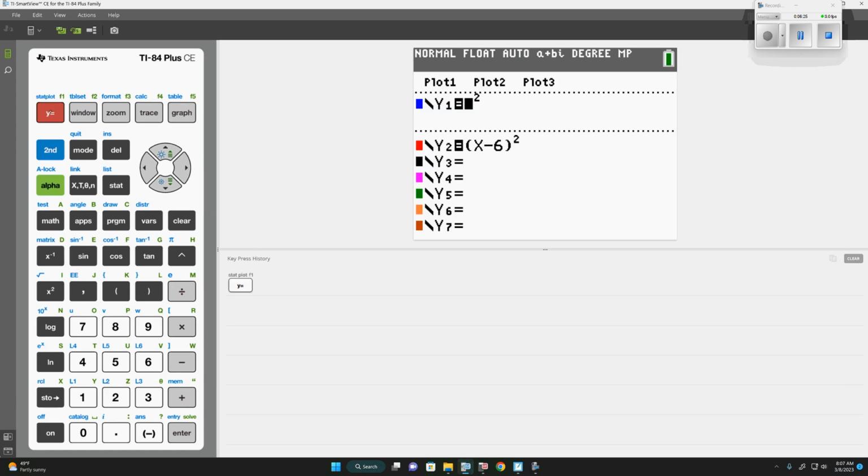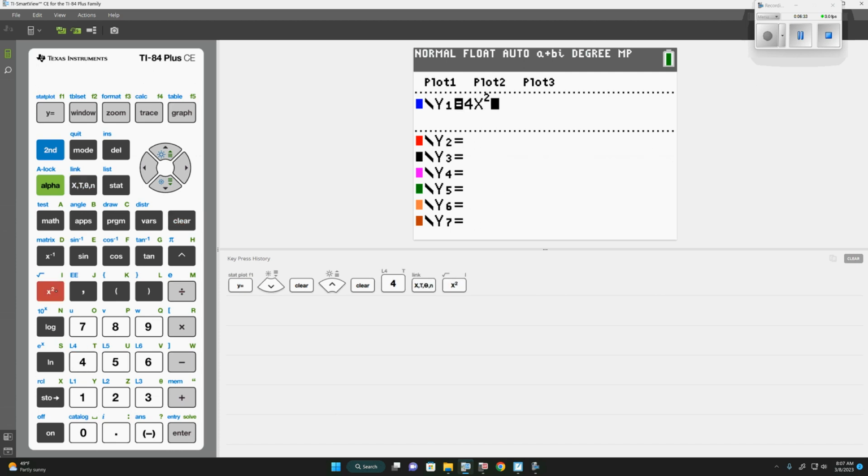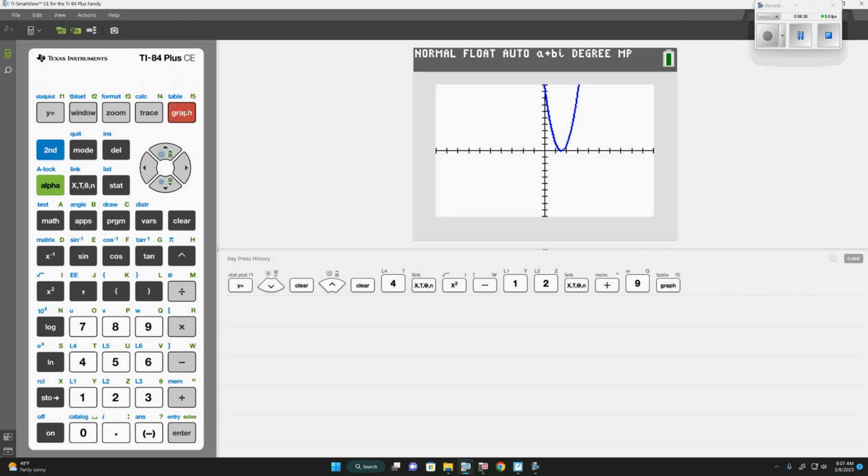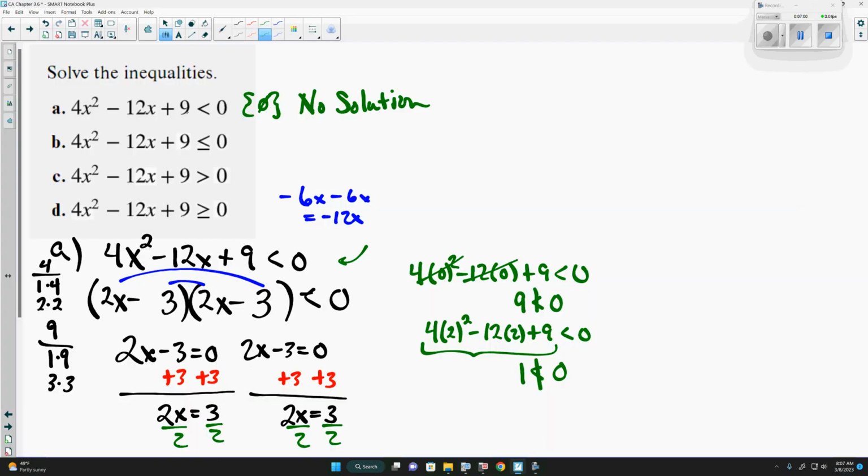Now what we could have also done is we could have taken 4x squared minus 12x plus 9 and graphed it. So graphing it does help because we can visually see that all the points are above the graph. And factoring does tell us that it is equal to 0 at the point 3/2, 1.5. So we can see all the points are greater than 0. So there is no solution for this here. Any questions on the first one?